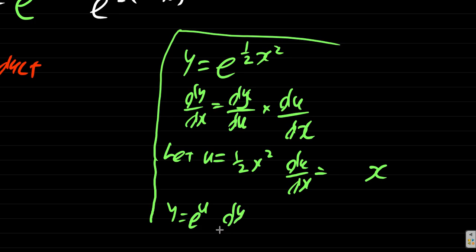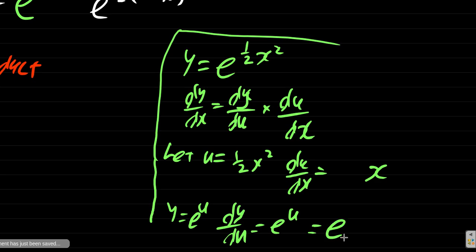So dy by du is e to the u. Remember, when you have y equal e to the x, differentiate, dy by dx is e to the x. The same e to the x. Alright? So here, dy by du is e to the same u, e to the u.